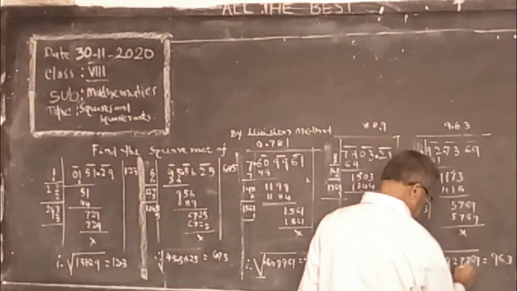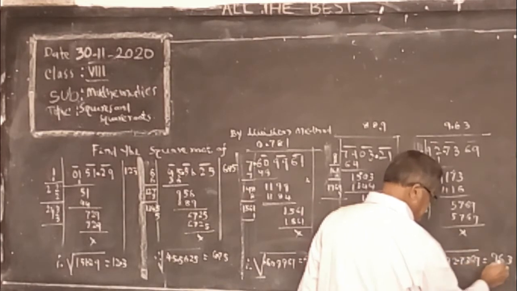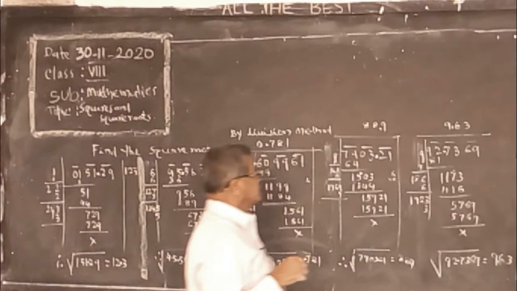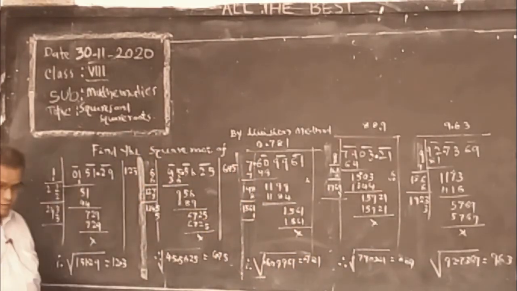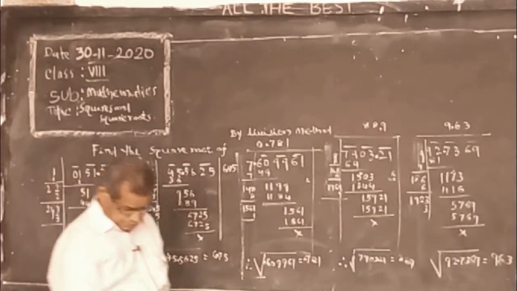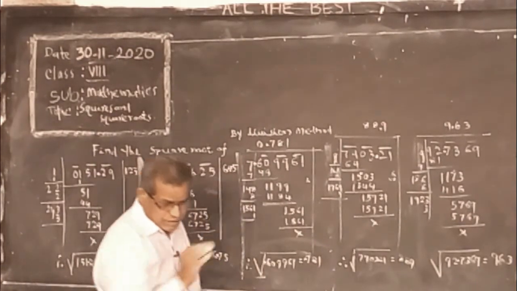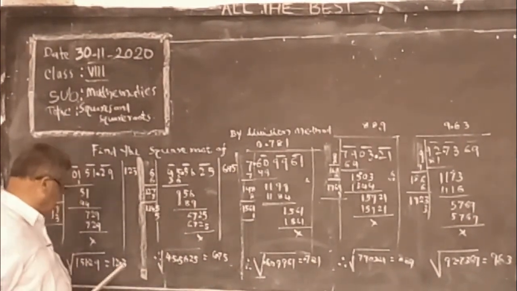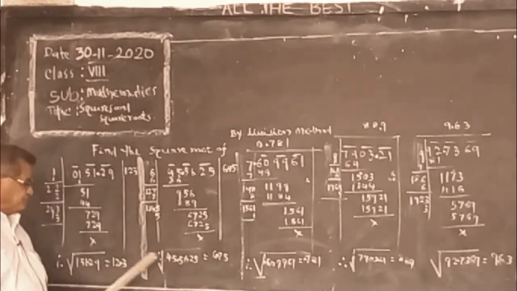In the square root 2 digits. Like this. Make half. So this is the way of finding decimals. Same procedure. After finding the square root, we have to fix the decimal point.